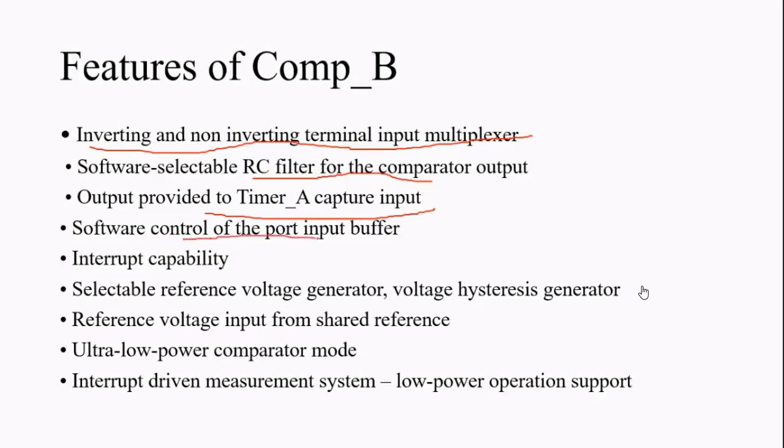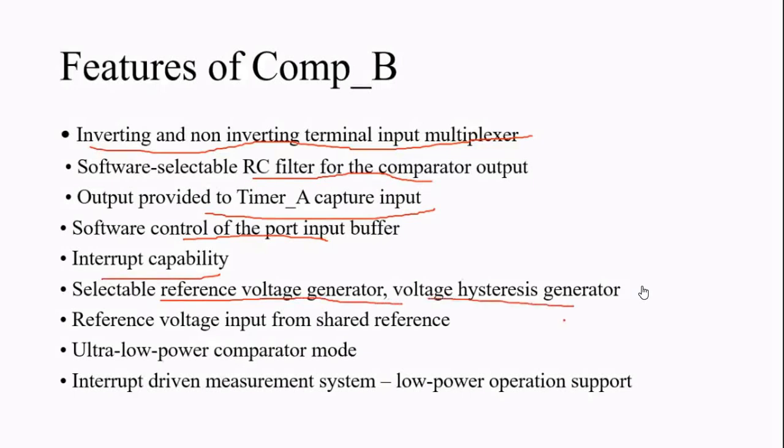Next is software control of the port input buffer. Since multiple inputs are available at the comparator input, you have to select any one with the help of software. It also supports interrupt capabilities, a selectable reference voltage generator, and a voltage hysteresis generator.